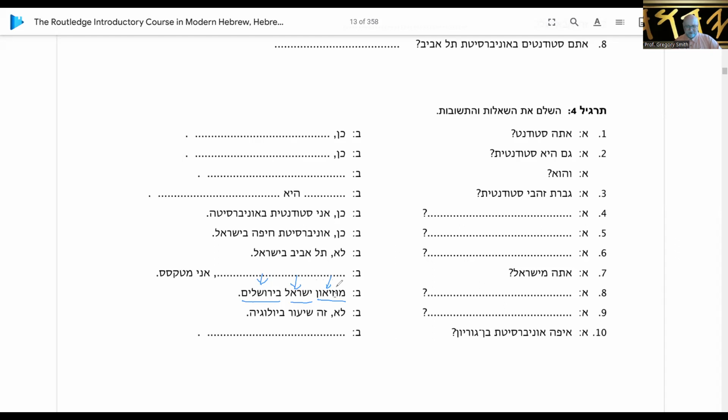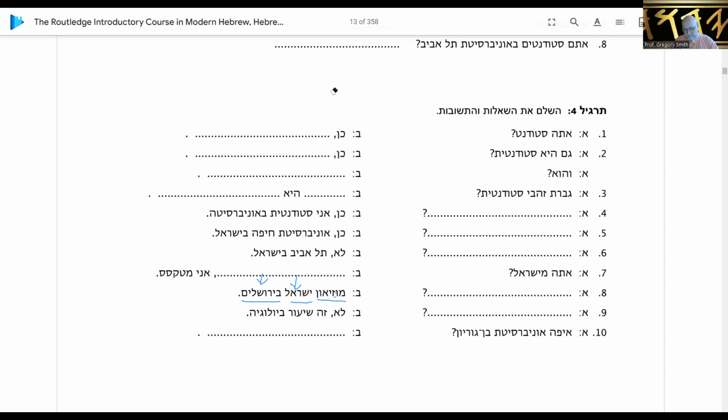Wait a minute here. I think I got Mitsuyan wrong. That's not Mitsuyan. It looks kind of like it. It's something else. That might be museum. Well, let me check it out and see. We got a mem. Okay, aleph. Yeah, a museum.